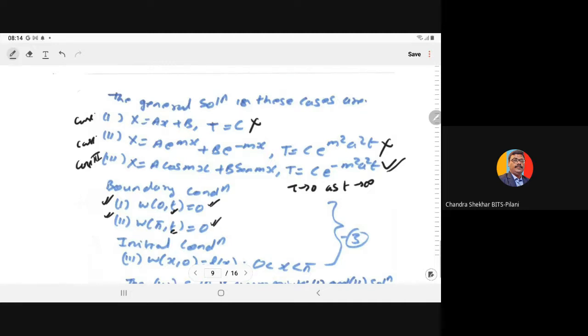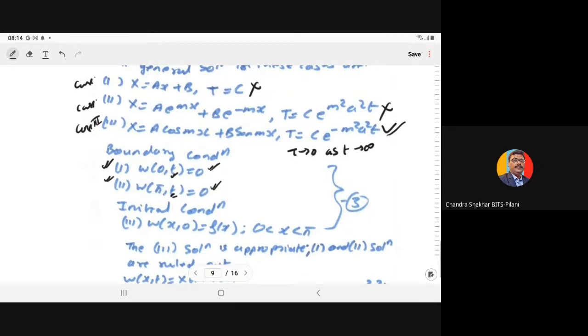So these two are the boundary conditions, and the initial condition is that initially the temperature of the rod is f(x), for x from 0 to pi, so w(x, 0) is equal to f(x). So this is the initial condition.